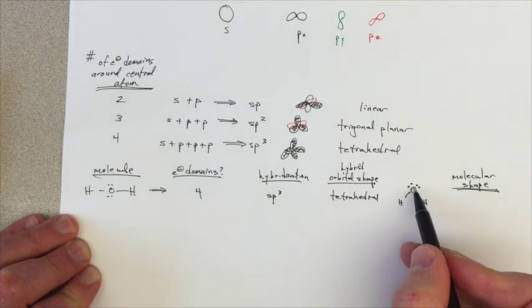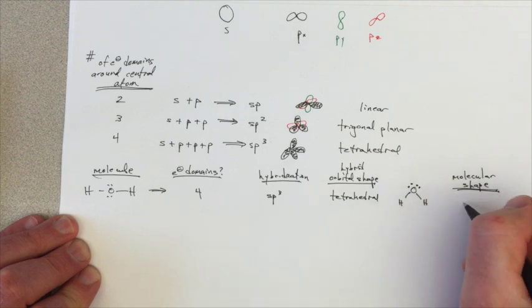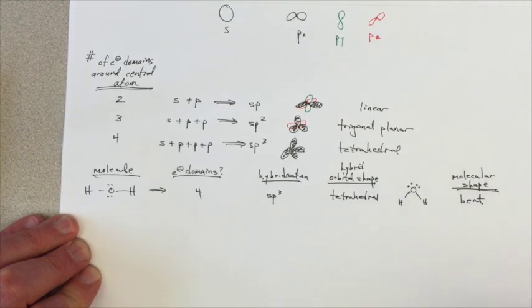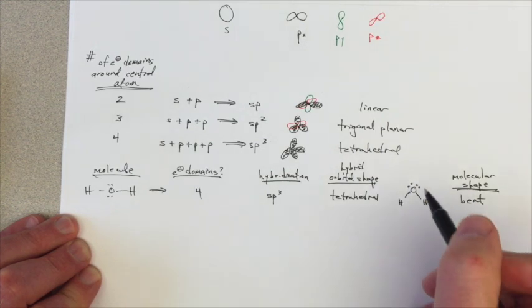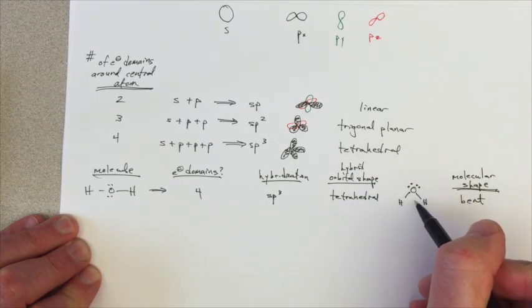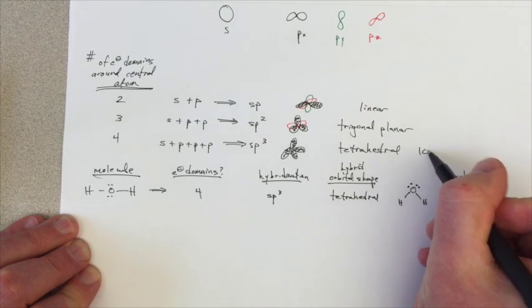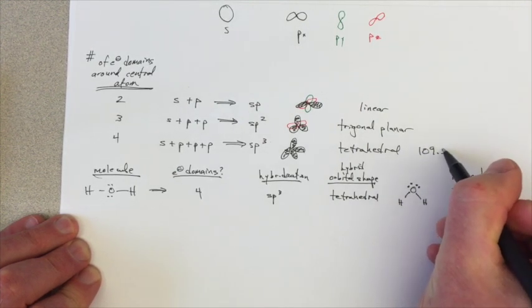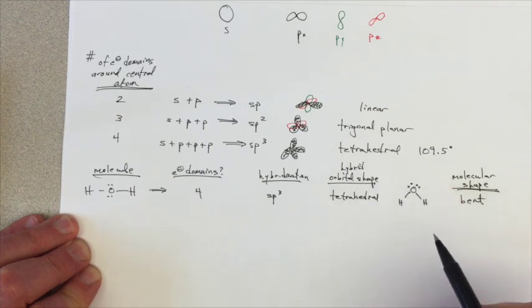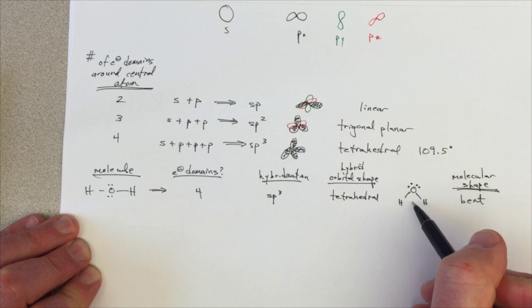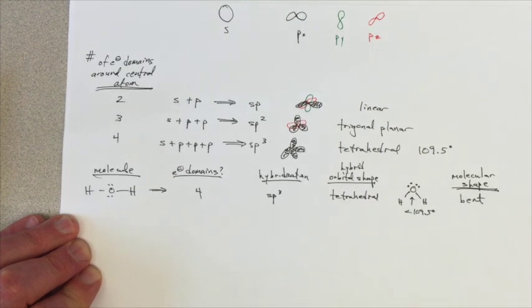So if we just look at how the atoms are arranged in water, we would say that water is bent, right? And again, the tetrahedral geometry has bond angles of around 109.5 degrees. The lone pairs tend to repel a little more strongly, so we might imagine that this bond angle here would be less than 109.5 degrees.